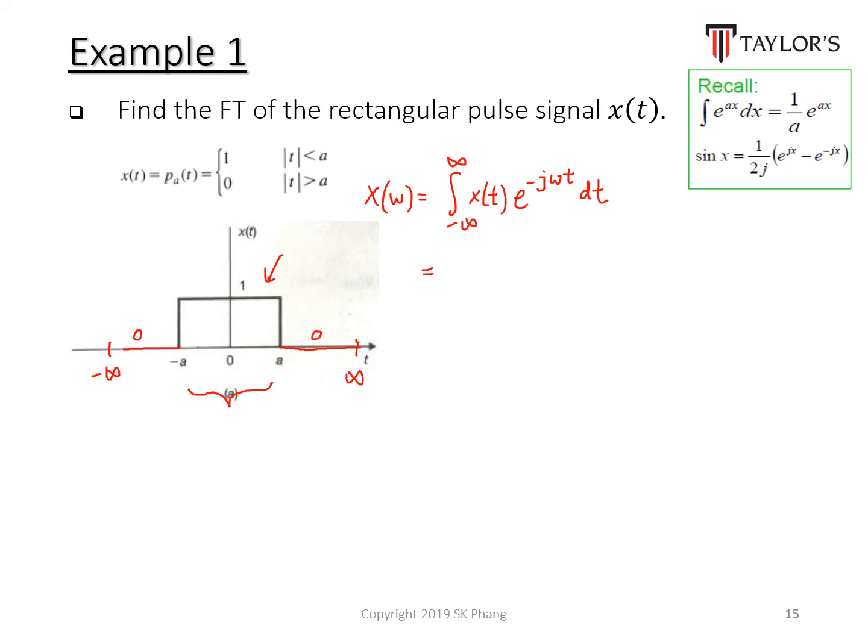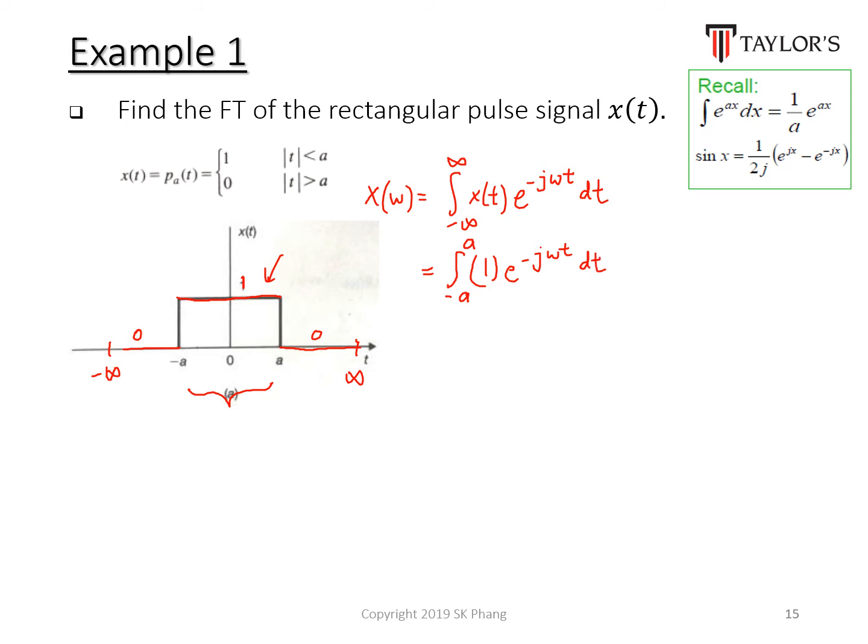At this point it is not 0, it is 1. You see it's a clear constant of 1 at this point. So we are able to shift the limit to just negative a to a, where x is 1, e to the power of negative j omega t dt.